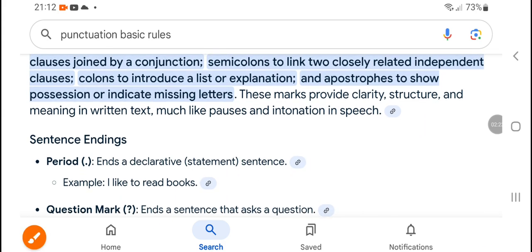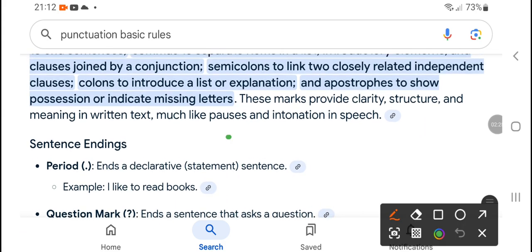Now next is the semicolon. This is called a semicolon. The semicolon is used to link two closely related independent clauses, right?